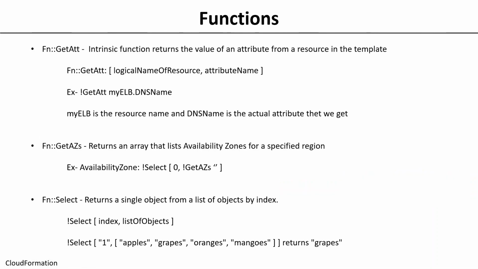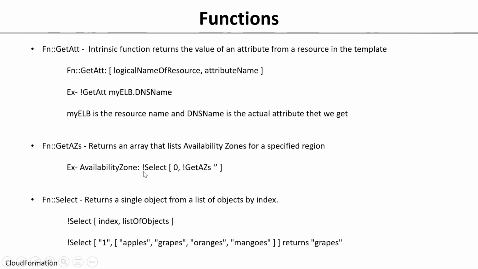Okay, and that will give the list of all the availability zones which are available in that region, and returns that array. And in that, you want to pick the first one, or the second one, or the third one. 1A is going to be the 0th, 1B is going to be the first one, 1C is going to be the second one. Okay, so you can use Select as well.